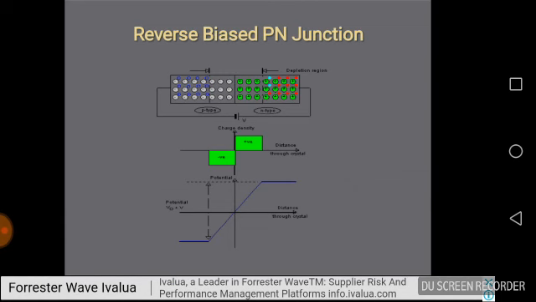Now I'm going to increase the reverse bias voltage, similar to the case of forward bias voltage. What happens when I increase this reverse bias voltage? In the P type material, the majority charge carriers are holes and the minority charge carriers are electrons. Similarly, for the N type material, the majority charge carriers are electrons and the minority charge carriers are holes.